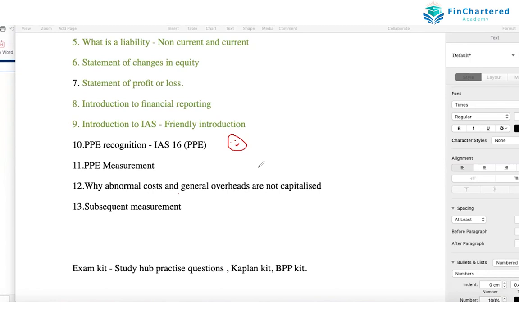Unfortunately, that shouldn't be happening, but one friend will help you in copying. In the same way, this friend will help you with PPE. IAS 16, you have to remember this. IAS 16 is PPE, right?